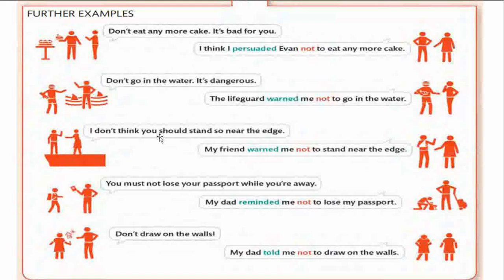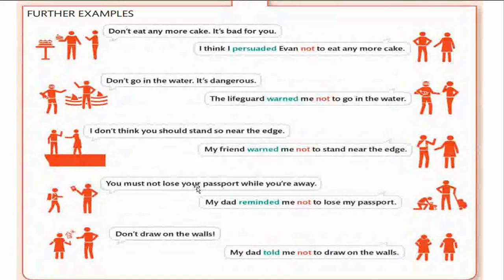I don't think you should stand so near the edge. This also seems like a warning. My friend warned me not to stand near the edge. Not to stand. Not is the negative word and stand is the infinitive. Not is inserted between the object of the verb and the infinitive.